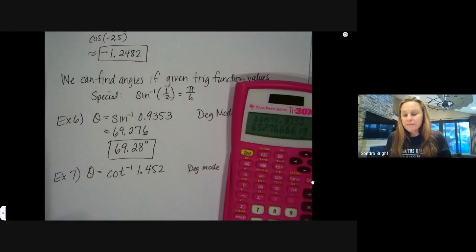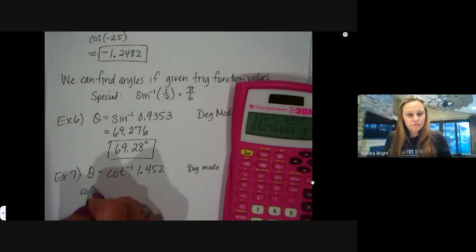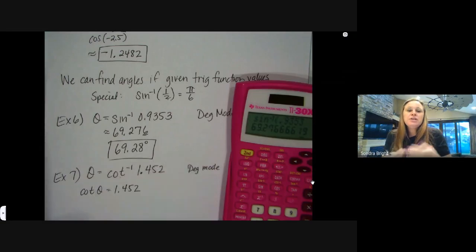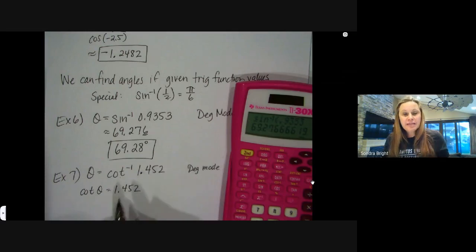So here's what I recommend you do. This statement means that cotangent of theta is equal to 1.452, right? That's what inverse cotangent means. It means cotangent of some angle, theta, is equal to the 1.452. Now, I don't have a button on my calculator for inverse cotangent, but I do for inverse tangent. And I know cotangent and tangent are reciprocals, right?